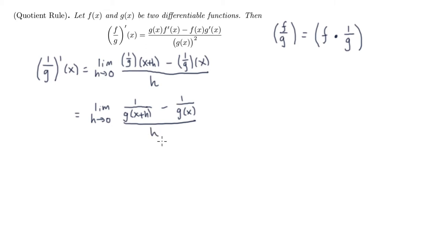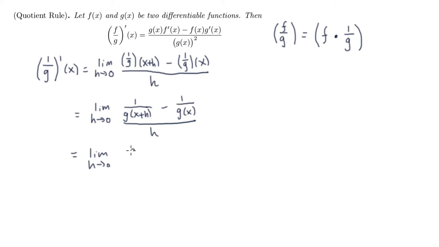And the trick here, so again, we have this complicated mess in the numerator. We want to get a common denominator and write this as a single fraction. So this is the limit as h goes to 0. And now I want to multiply this on the top and bottom by g of x, and this on the top and bottom by g of x plus h.